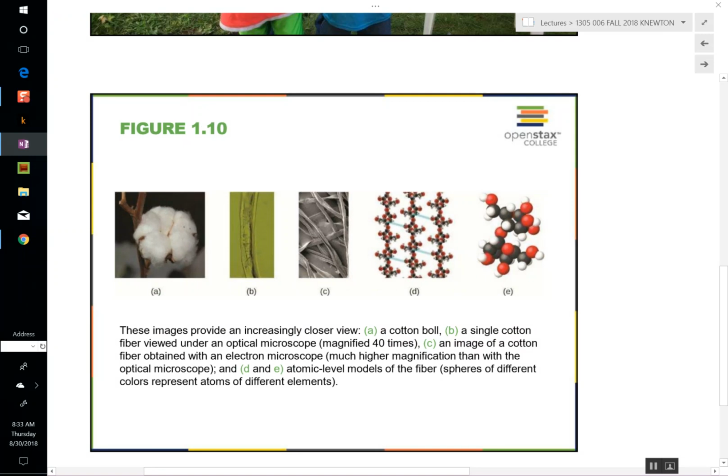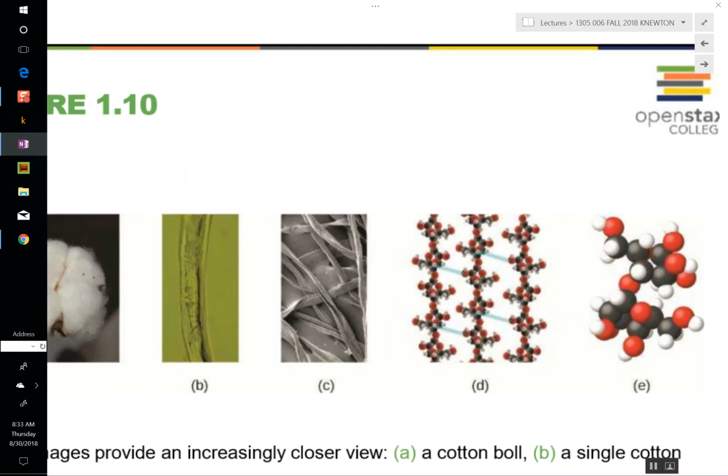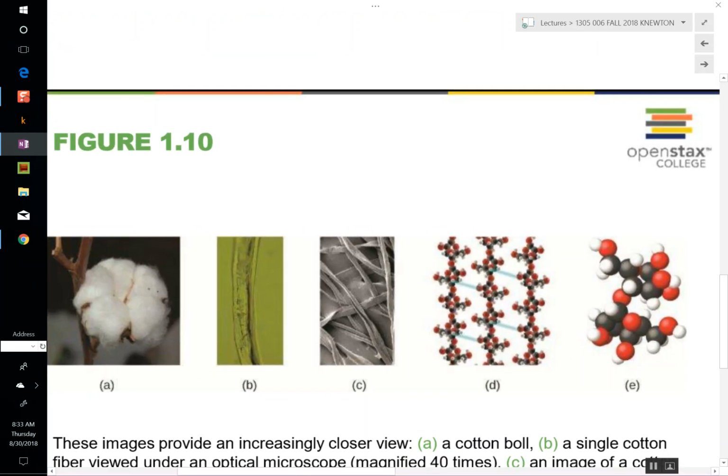Again, some views of things. So here's some cotton. There's a magnified view of a cotton strand, 40 times magnification. Here's an electron microscope view of the cotton. Here we're starting to look at it a little bit more with the modeling of the actual carbon, oxygen, hydrogen making up that cotton strand.